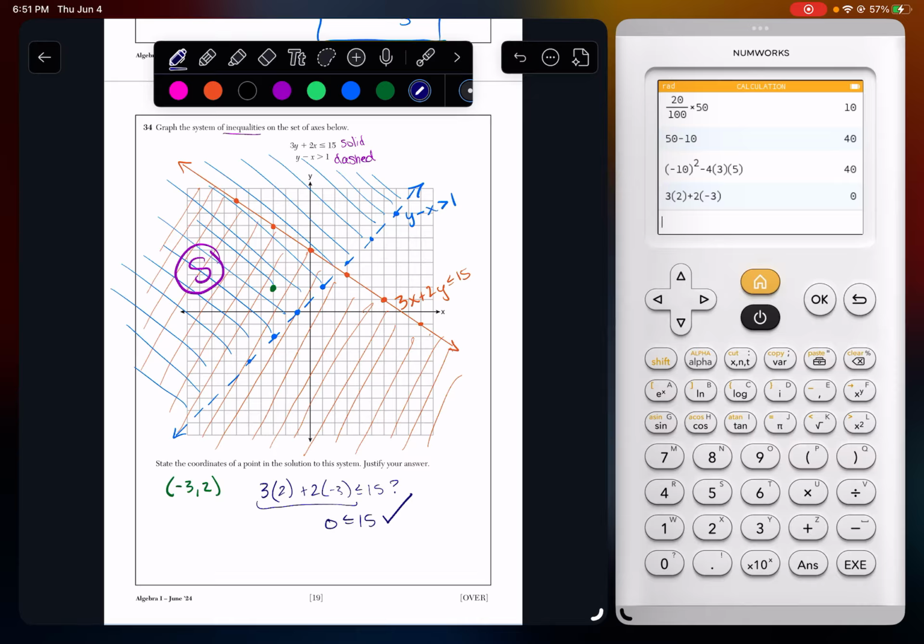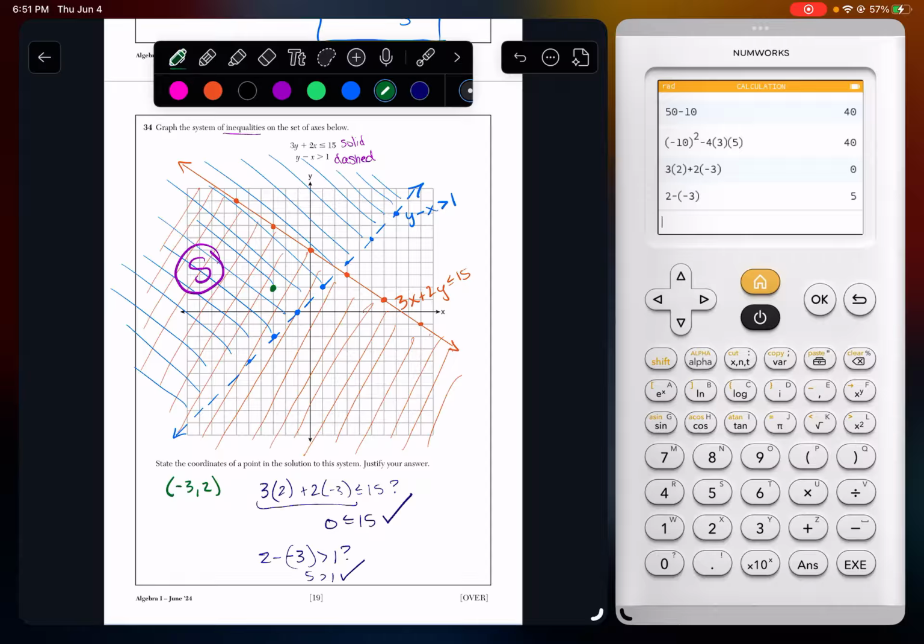And then the second inequality, 2 minus -3 is greater than 1. 2 minus -3 is 5. 5 is indeed greater than -1.